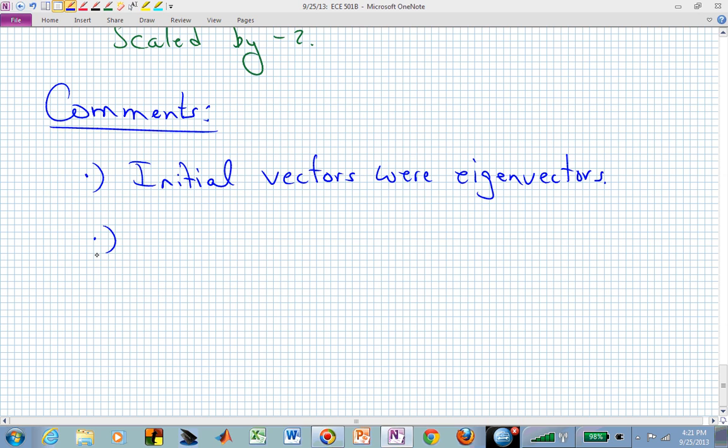The x-axis and the y-axis are eigenvectors for this particular example, and the scaling quantities, -1 and -2, were eigenvalues.